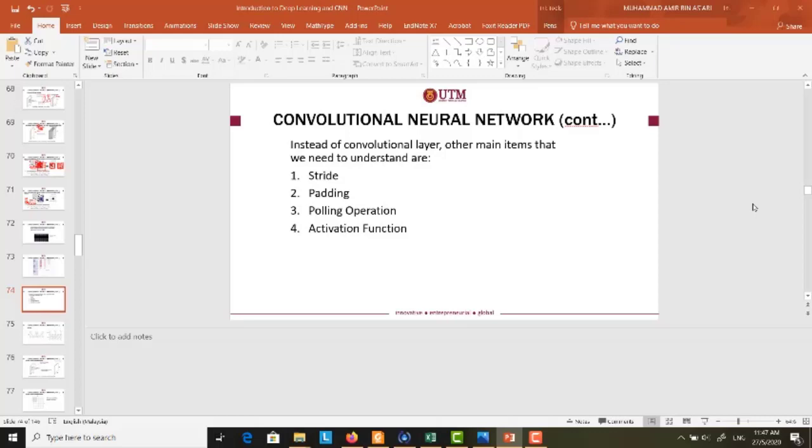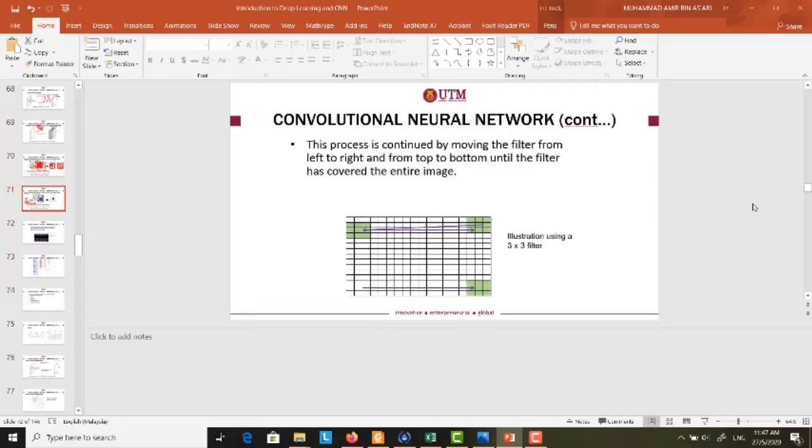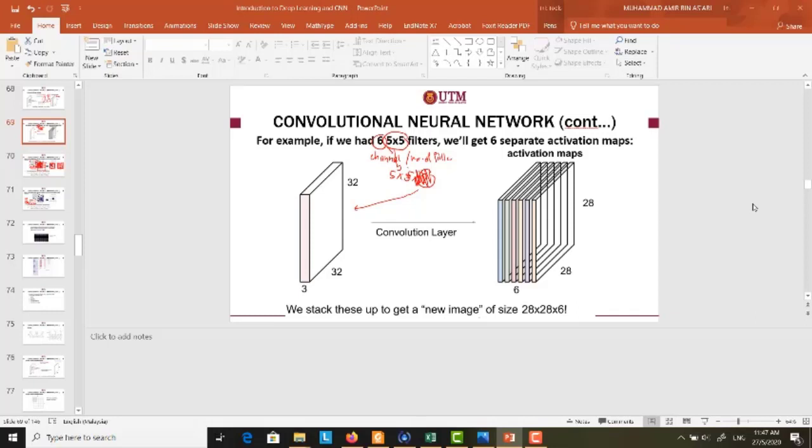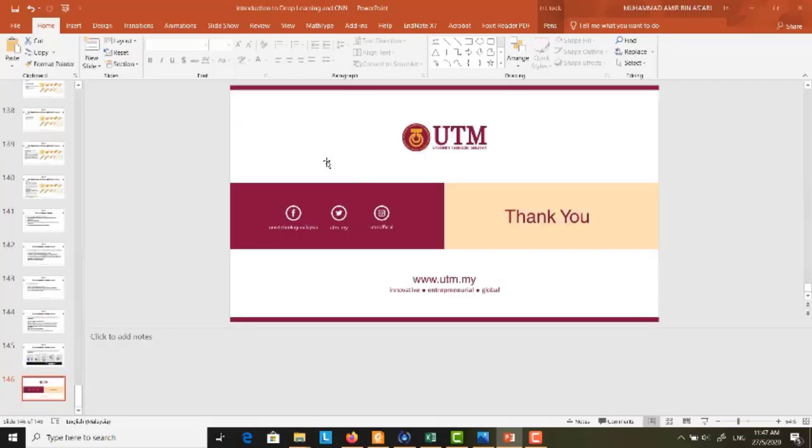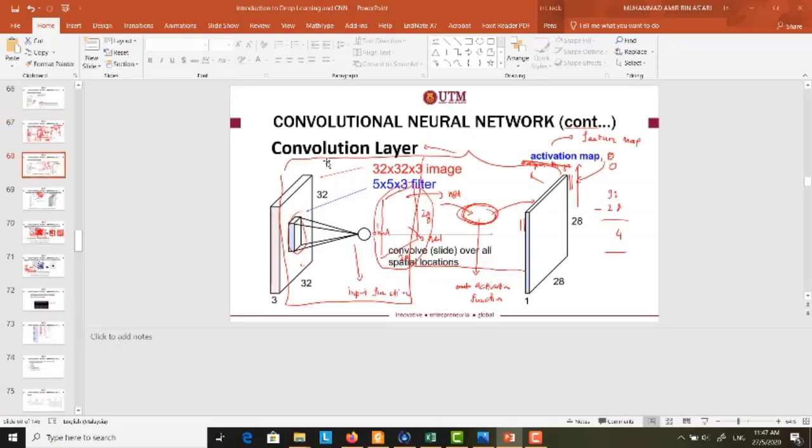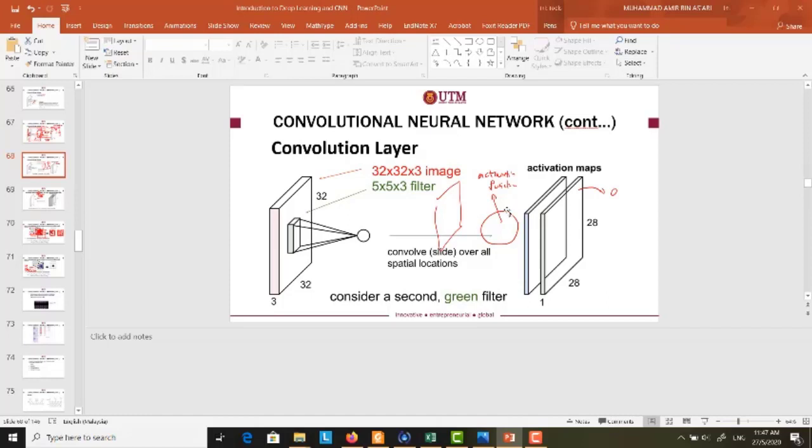In this example, I just show you what happens at the convolutional layer, and again, this represents one layer only.